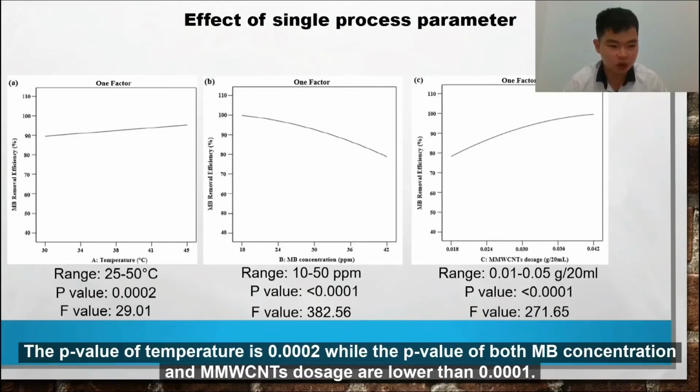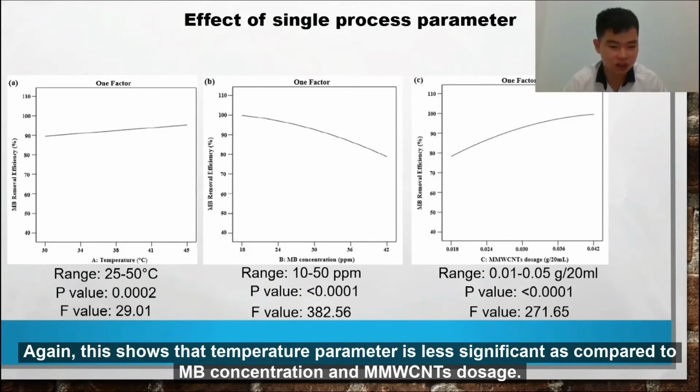The p-value of temperature is 0.0002, while the p-values of both methylene blue concentration and magnetic multi-wall carbon nanotube dosage are lower than 0.0001. Again, this shows that temperature is less significant as compared to methylene blue concentration and magnetic multi-wall carbon nanotube dosage.